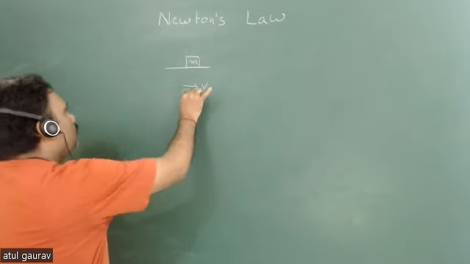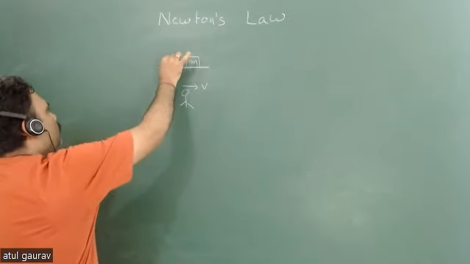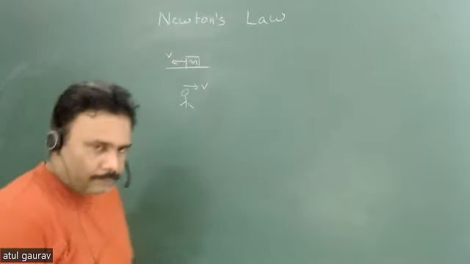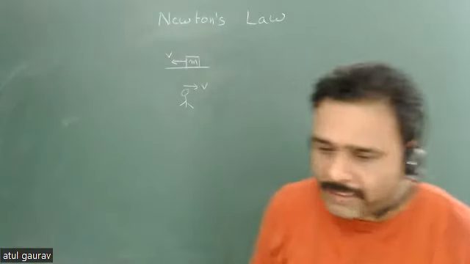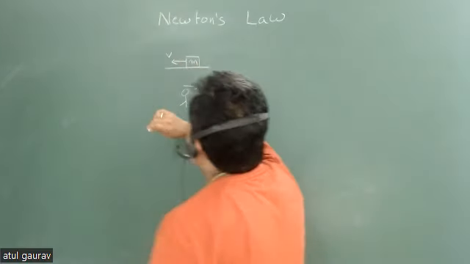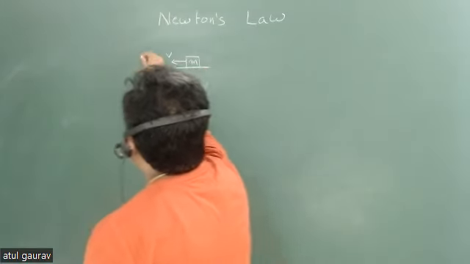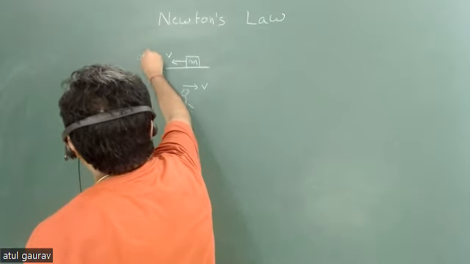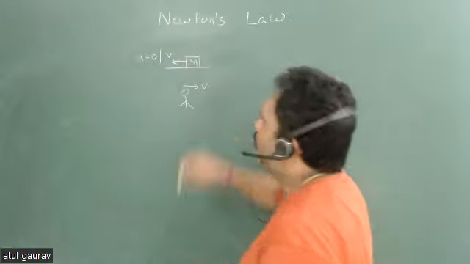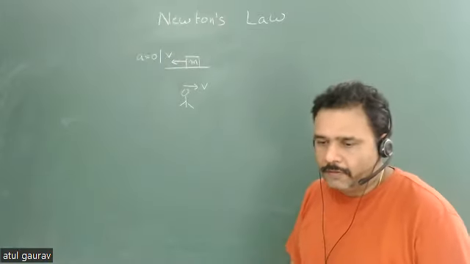With respect to this observer, this mass will appear to move in this direction with the same velocity v. So what will be the acceleration of this mass? Batao, acceleration is equal to what? 0. Because this velocity is constant in nature.